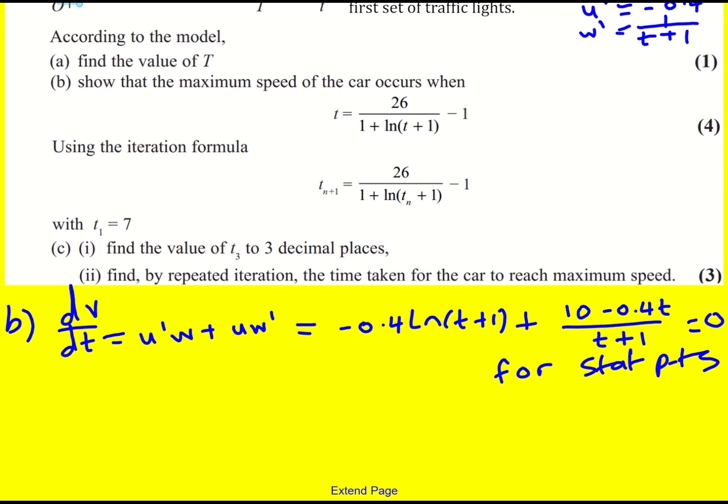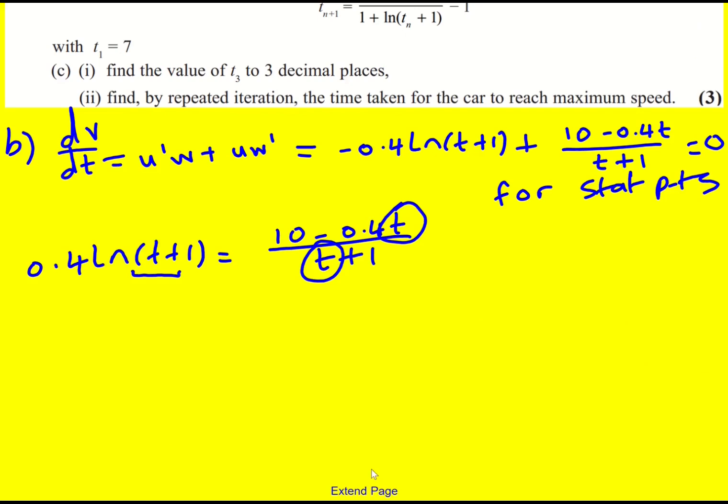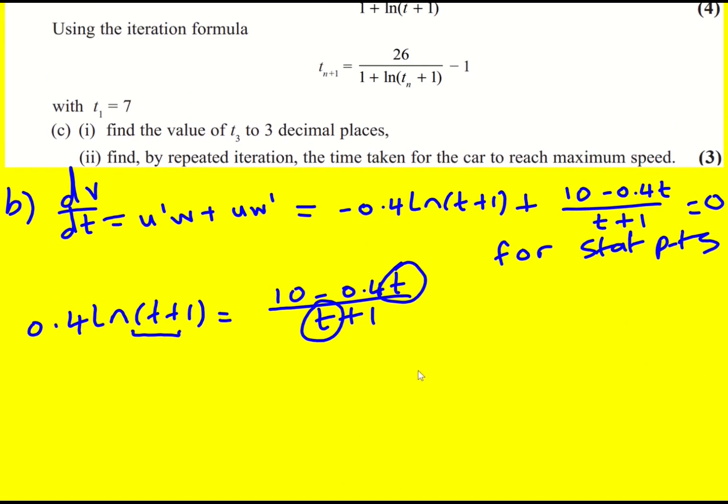So I think the first thing I'm going to do is just get it as 0.4 ln(t+1) equal to (10 minus 0.4t) over t plus 1. I need to make t the subject, but not quite, having the t's together and then just with the ln(t+1). I'm going to multiply through by t plus 1.